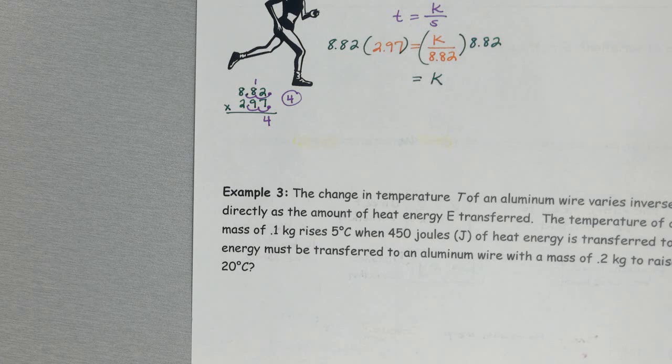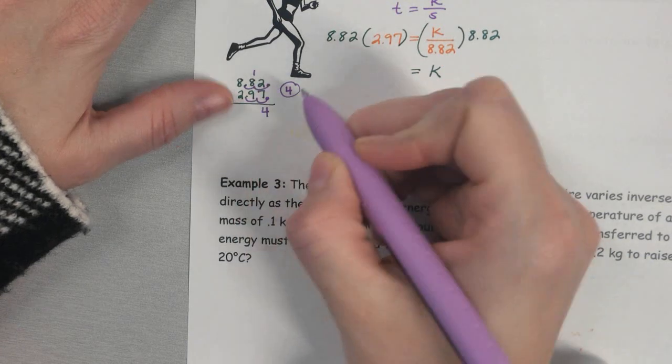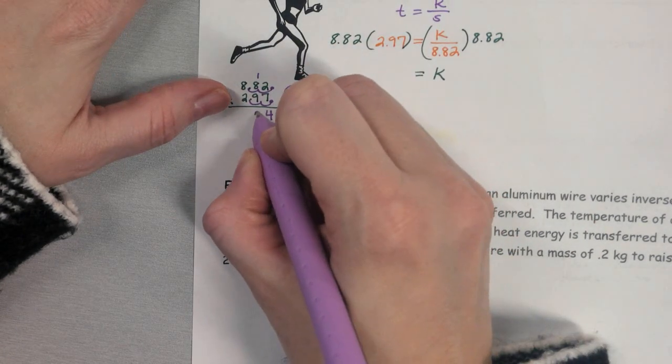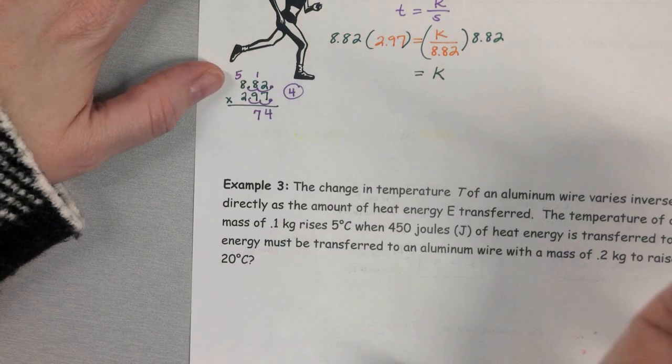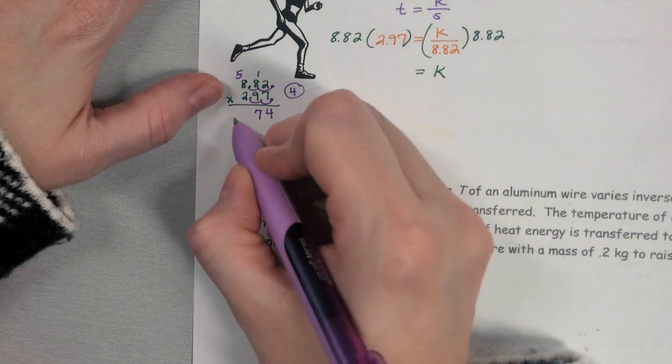So we did 14, carry the 1. 8 times 7 is 56, plus 1 would be... and then 8 times 7 is 56, plus 5 is 61.